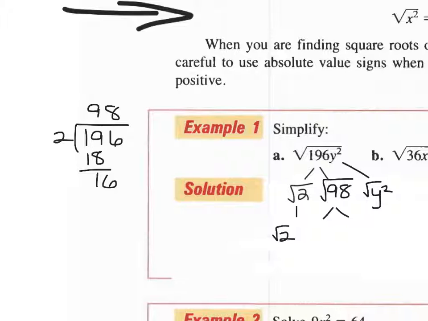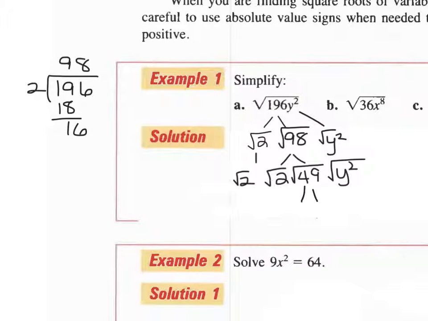I'm going to break down the 98 into 2 times 49. Now, if at this point you realize 49 was a perfect square and you made a pair of 2's, you could solve this. However, I'm going to keep going. So I'm going to break the 49 into 7 times 7.